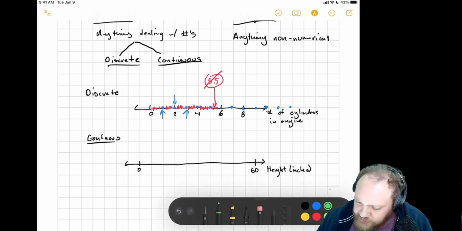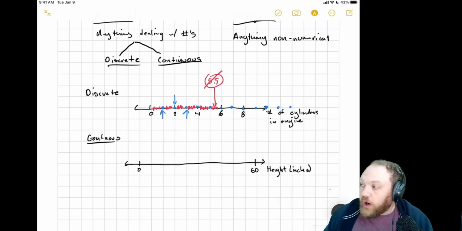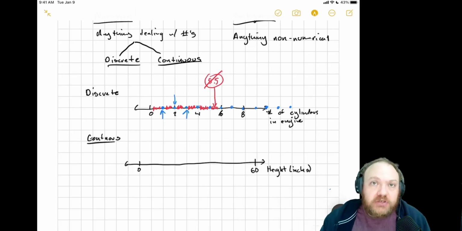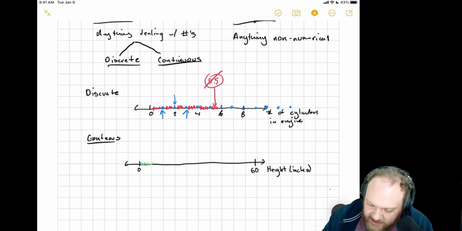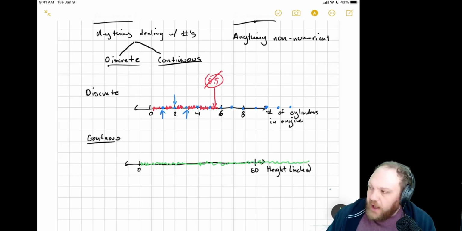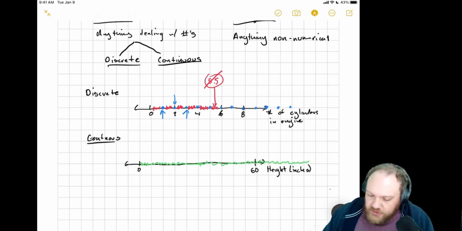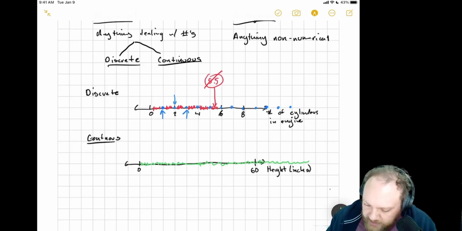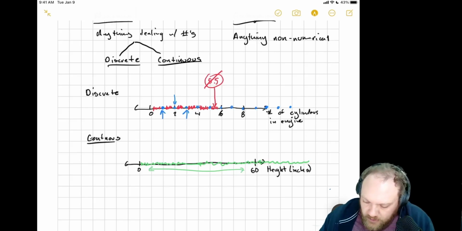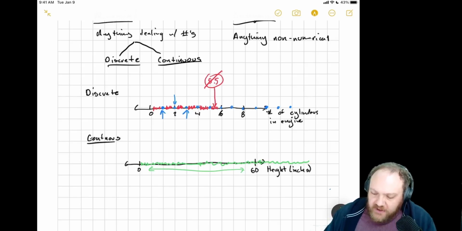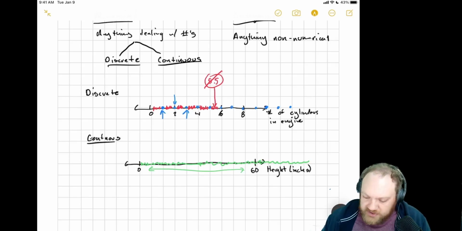Now, so long as I have some tool where I can measure with infinite precision, the possible values are anything, technically, anywhere above this value 0, right? And there are no gaps in the possible outcome, right? What this is called, this interval, is actually a continuum, right? There are no gaps. The possible outcomes are continuous, right?